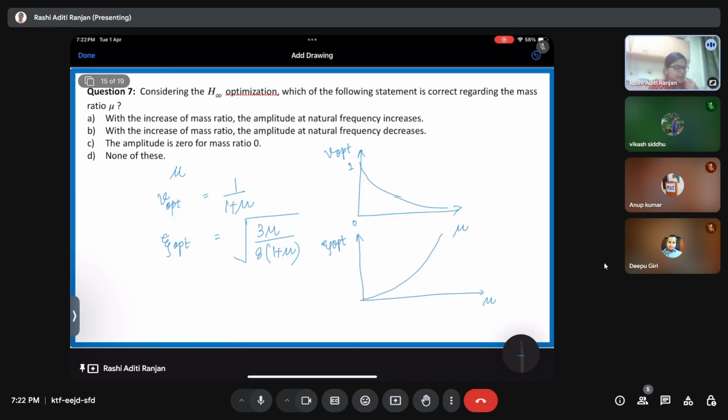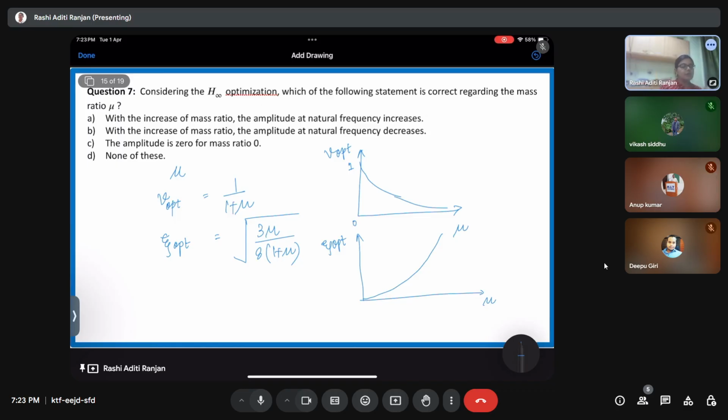If the mass of my secondary system, or the mass ratio, is increasing, the amount of damping that I require for getting the minimum vibration is increasing. I need more damping in order to get the minimum possible vibration.